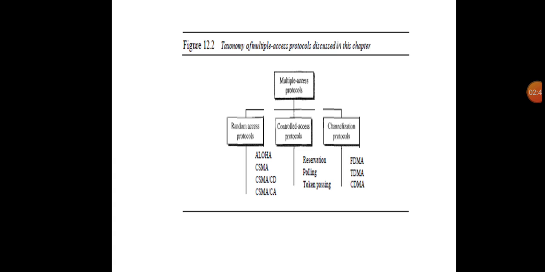First is the random access protocol, second is the controlled access protocol, and third is the channelization protocols. Random access protocols include Aloha, CSMA, CSMA/CD, and CSMA/CA. Controlled access protocols include reservation, polling, and token passing. Channelization protocols include FDMA, TDMA, and CDMA.